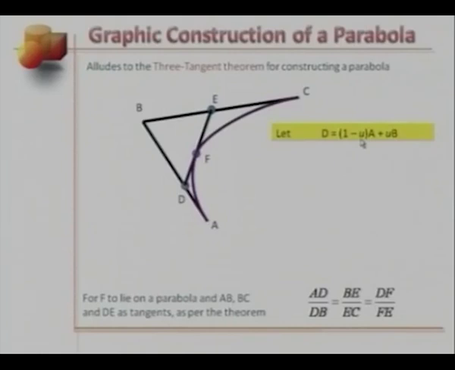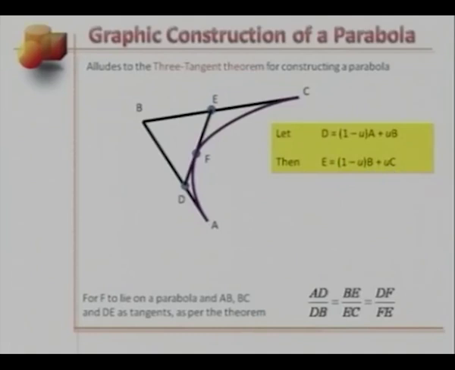For U equals 0, D would merge with A, and for U equals 1, D would coincide with B. Likewise, point E on the segment BC is given as 1 minus U times B plus U times C.